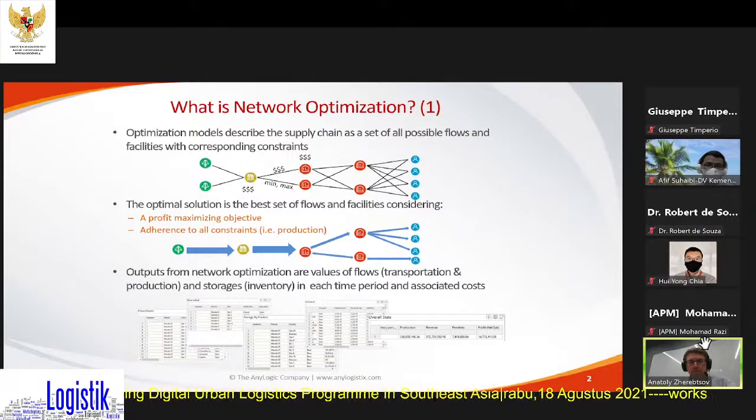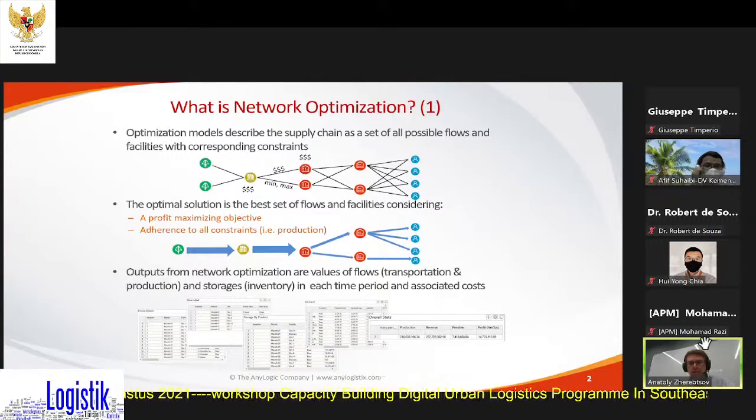So as a result, we get an optimal network structure with selected facilities and corresponding flow amounts. And of course, as a result, we can analyze different outputs, individual flow amounts, production processes, we can analyze different costs in this optimal solution, and so on.